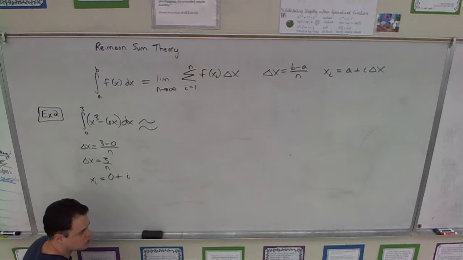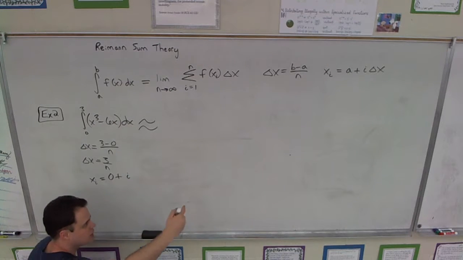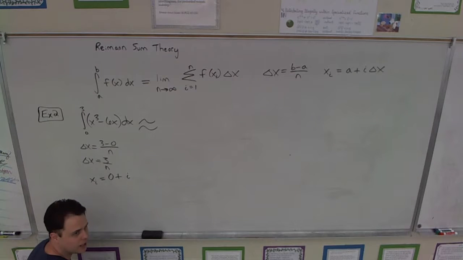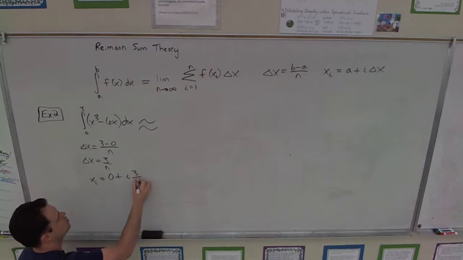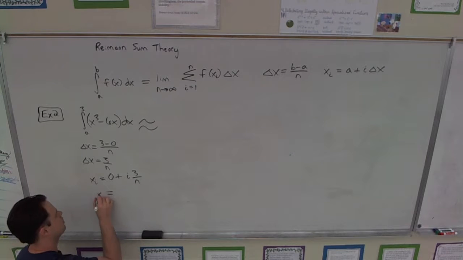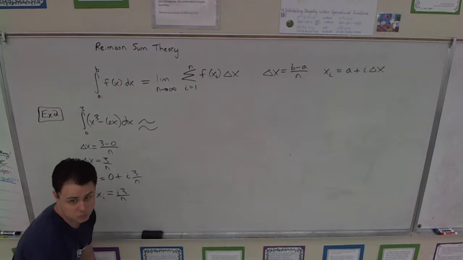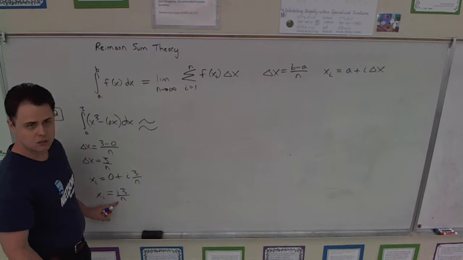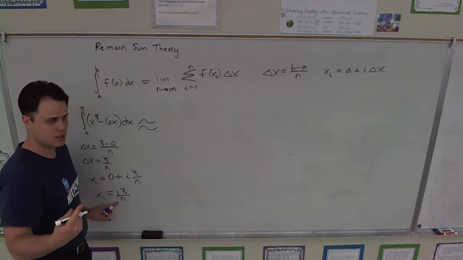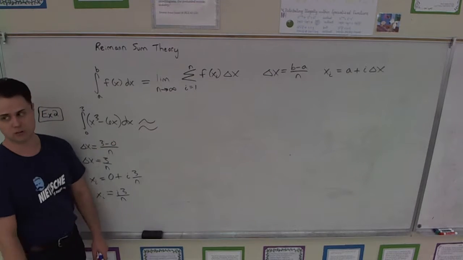Remember, the counter here is just telling you which one of those nodes in an arbitrary spot you're going to be at. So this is the counter, and then I've got to put my delta x right next to it. So there you go. x sub i is going to be i times 3 over n for this problem. Okay, so that's what we're going to plug in for x to find f of x, which is the height, so that we can go height times width.